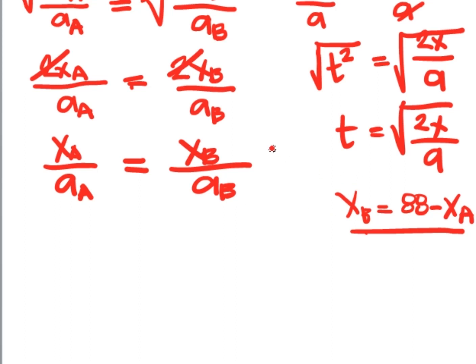So we can substitute this to the x of B here, so that all the variables will just be x sub A, and we can just easily solve using algebra.